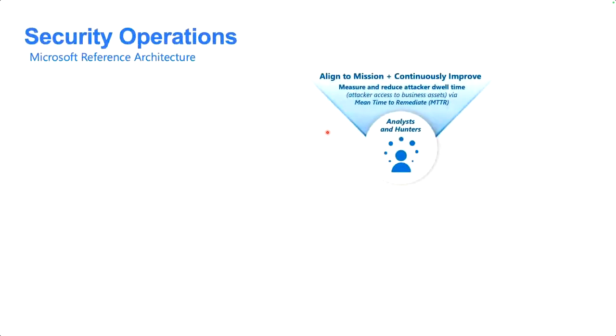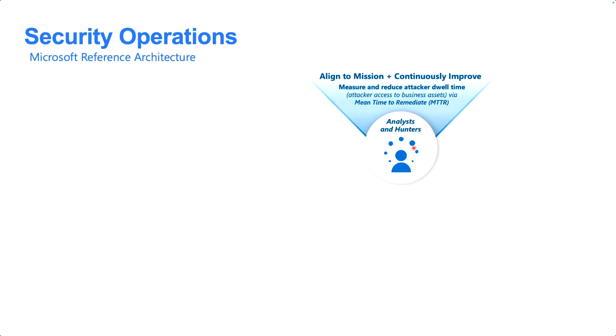So let's take a look at the security operations flow from the point of view of Microsoft reference architecture, because we are talking today about Sentinel and Microsoft 365 services, Azure Defender, and everything. That's why we are checking the perspective of security operation service based on Microsoft reference architecture, right?